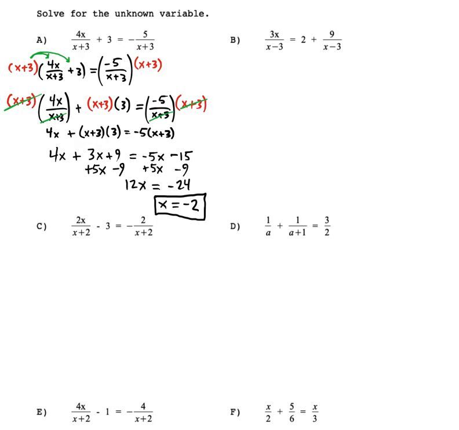All right, let's try a couple more here. Our denominator is x minus 3 for 2 of these terms, so let's multiply all sides by x minus 3.